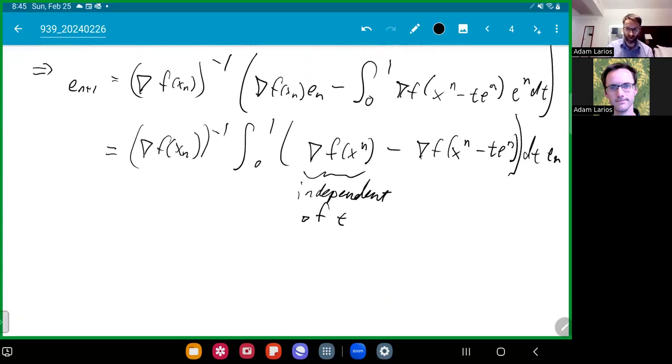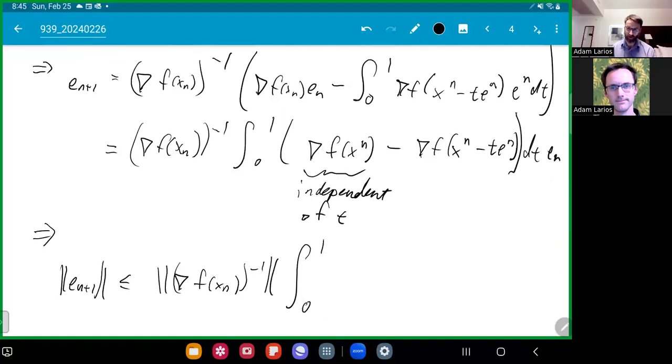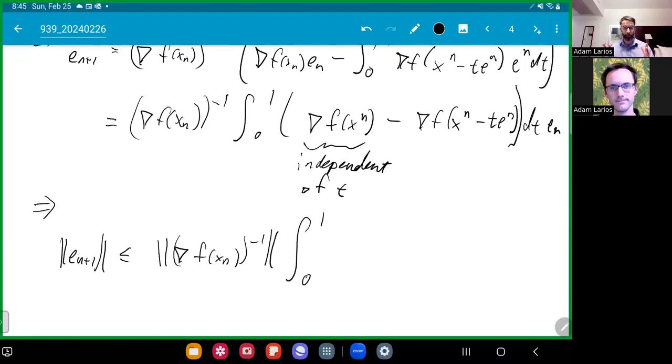From here, we're in pretty good shape because we can now just take a norm of En plus 1 and see that this is bounded above by the matrix norm of the inverse of the Jacobian at that nth point times the integral from 0 to 1 of, and then one of the properties of matrix norms, in this case, it's really just kind of acting like a vector norm, but we can push these inside of integrals just in the same way that you can for absolute values.